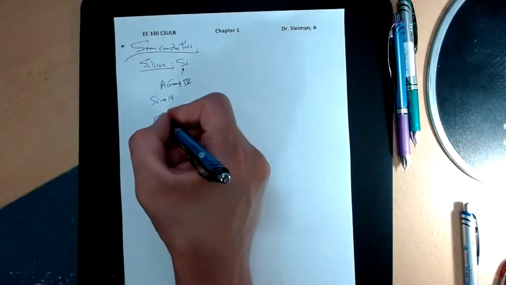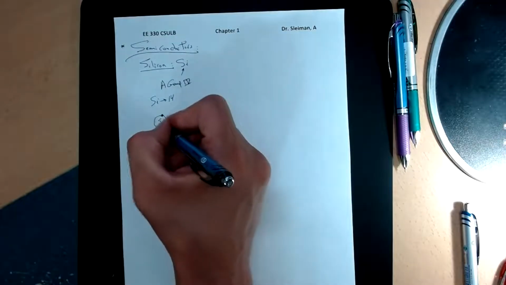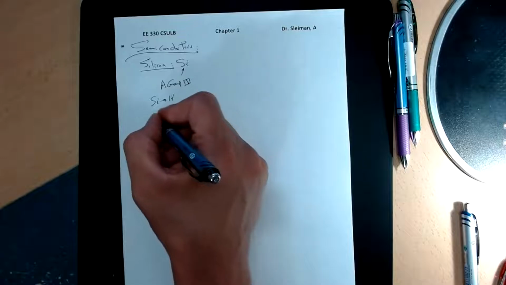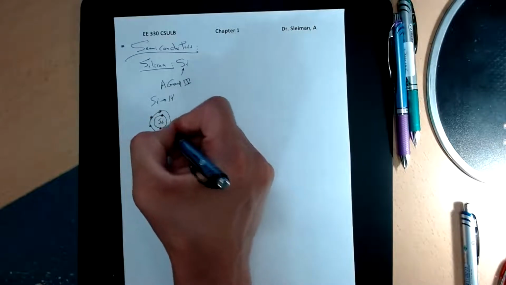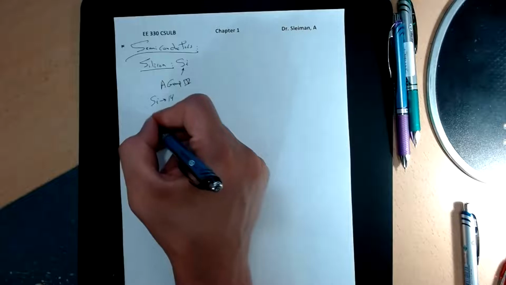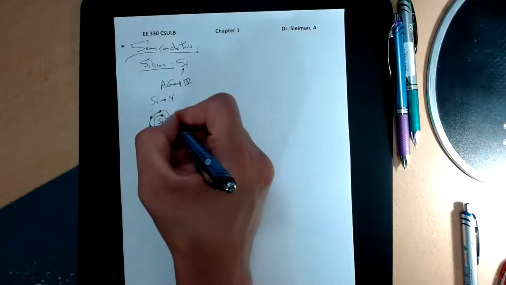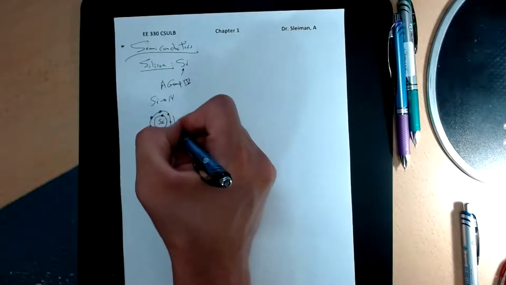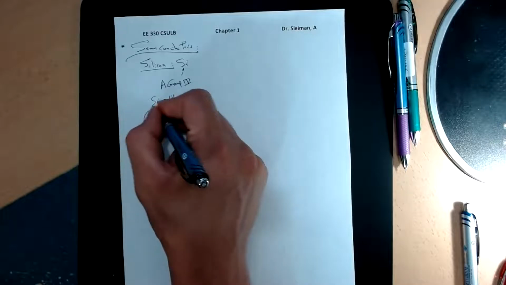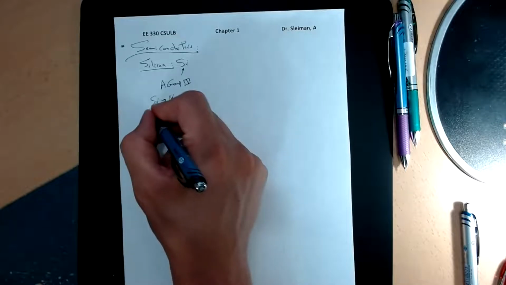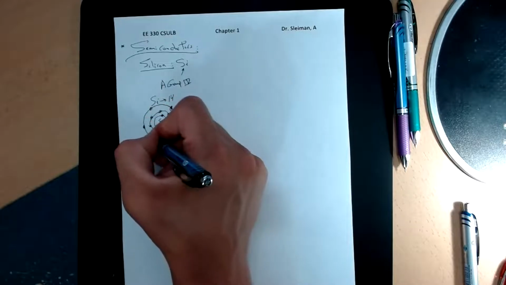If I put the Si into an electron cloud, the first layer will only hold 2 electrons. The second one will hold only 8. 1, 2, 3, 4, 1, 2, 3, 4, 5, 6, 7, 8. And so 8 and 2 is 10. Left over is 4. 1, 2, 3, 4.